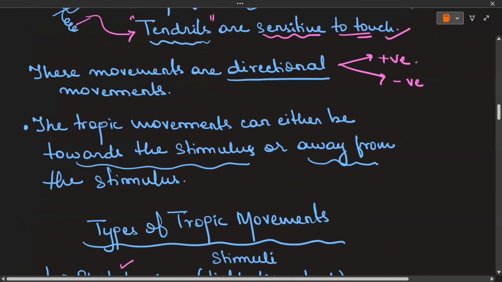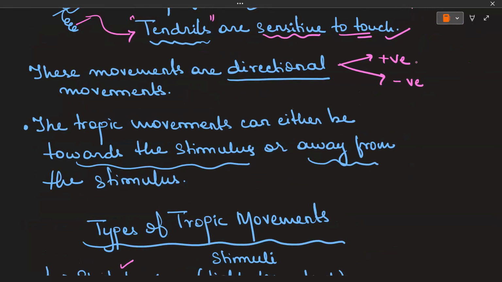Now talking about what kind of movement tropic movement is. It is a directional movement, meaning you can see either a positive direction or a negative direction. What is meant by positive and negative here? The tropic movement can be towards the stimulus, like how the pea plant climbs.